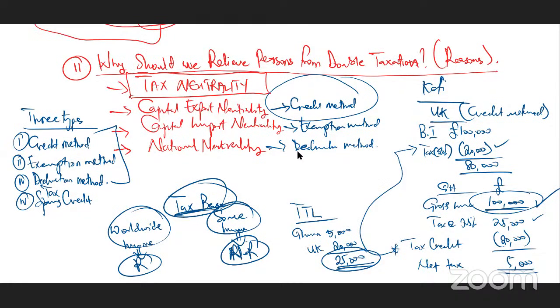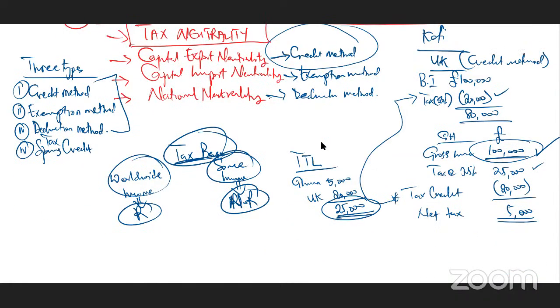All right. So this is what we are saying for capital import neutrality. We are going to make sure that both residents and non-residents are only taxed on source income, which makes it nice, because if I go and make any money from London and I bring it to Ghana, that money will not be taxed.